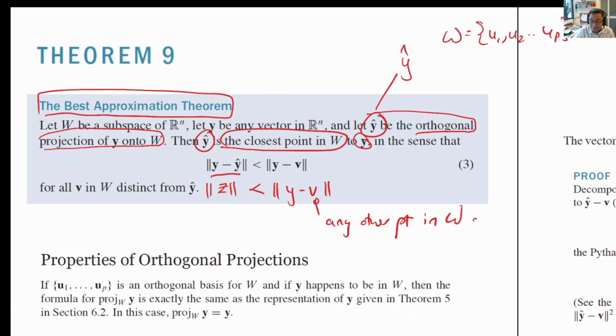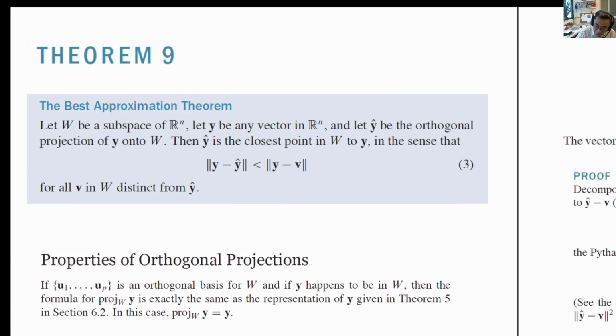To repeat, by orthogonal projection of y onto W, we get the best point in W to approximate y.